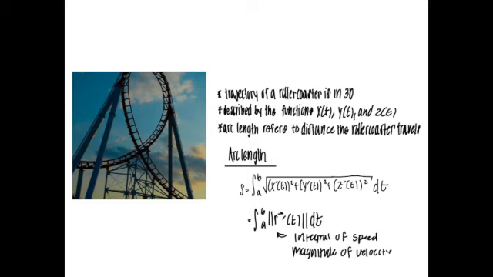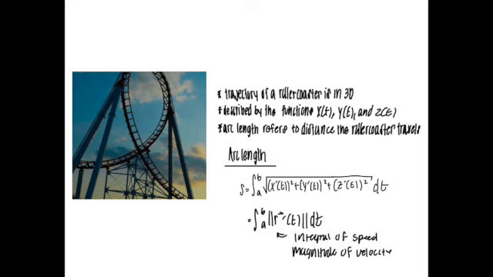Furthermore, the arc length can also be illustrated as the integral from a to b of the magnitude of r prime of t with respect to t. And so basically the second formula is also the arc length, but it tells you the integral of speed, and it also tells you the magnitude of velocity.